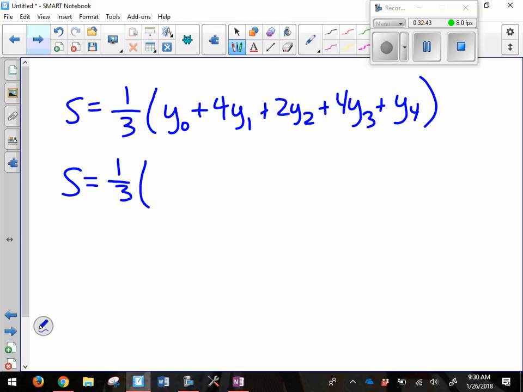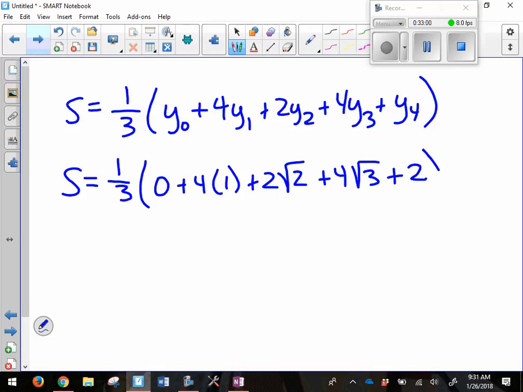And then we said that y0 was 0, y1 was 1, y2 was radical 2, y3 was radical 3, and y4 was 2. And honestly, I would just pop it all into your calculator.